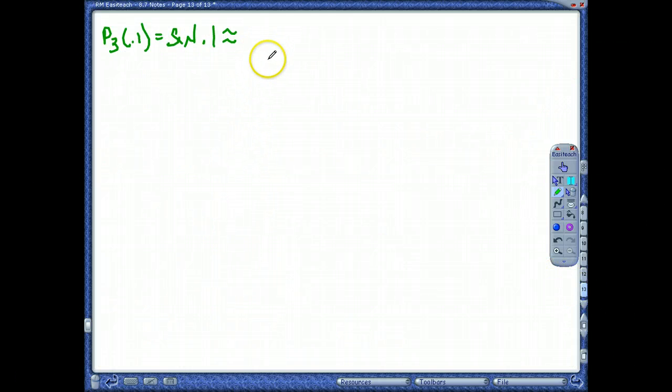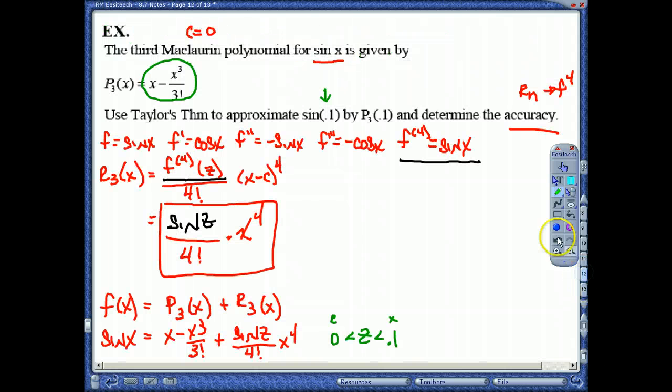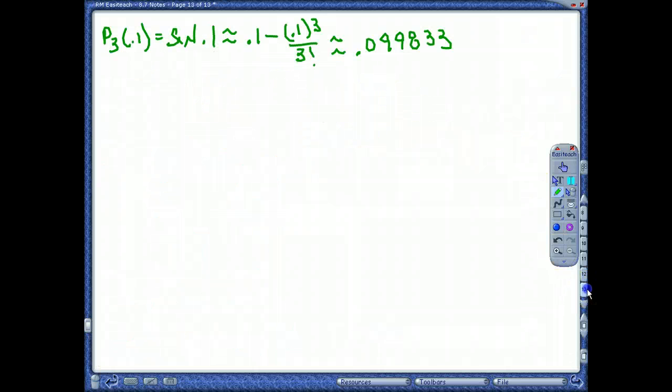So if I put that 0.1 in, I've got x, which is 0.1, minus 0.1 to the third power divided by 3 factorial. That is going to be approximately 0.099833. So the first part of what they asked me to find was to approximate sine of 0.1. Got it. They told me what to use, and I did it. You could have done that right off the bat.